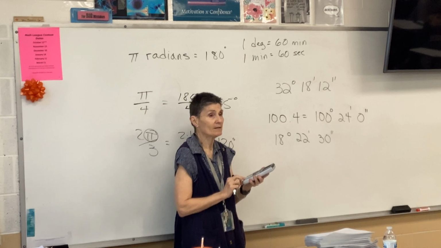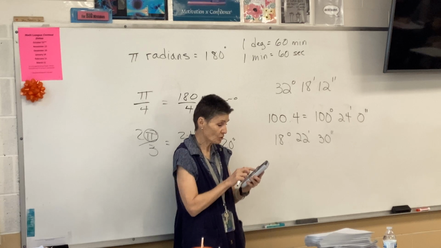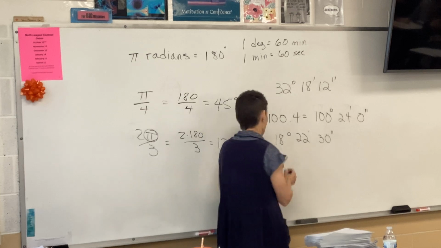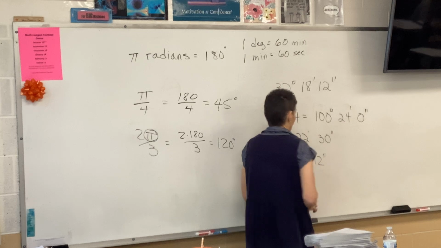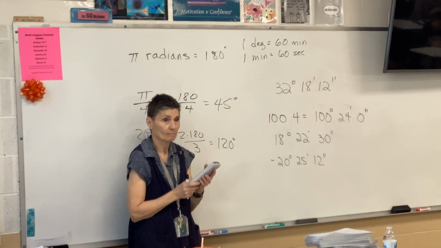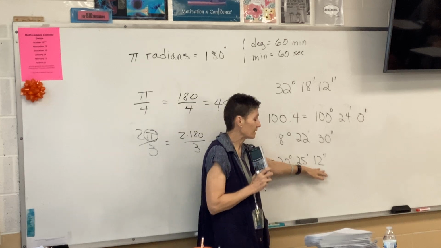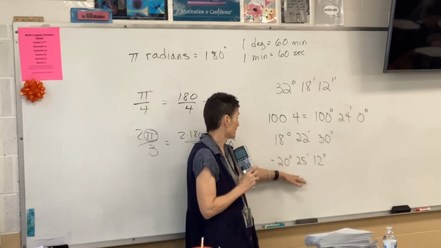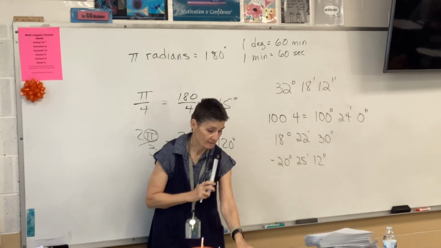Just type the negative in, that doesn't change anything. Your answer should be written exactly like this, with no other marks: negative 20 degrees, 25 minutes, 12 seconds.